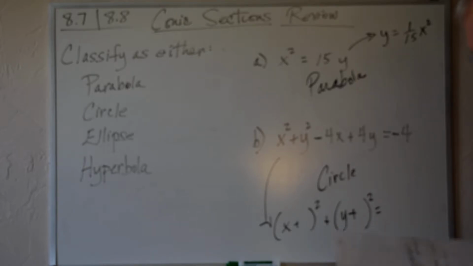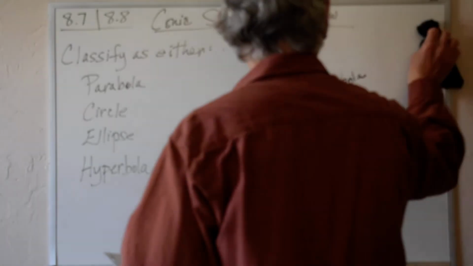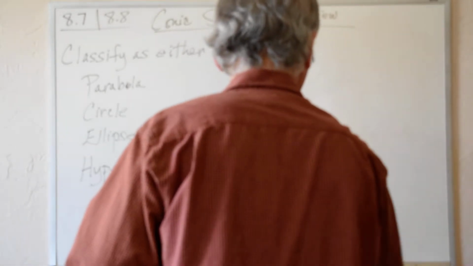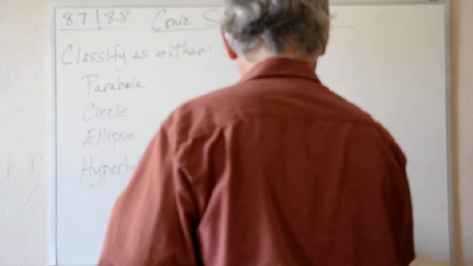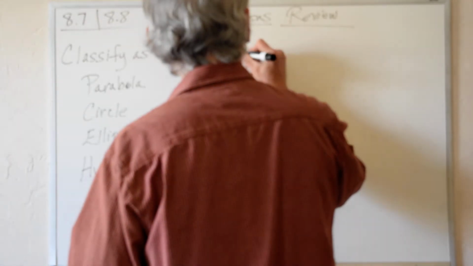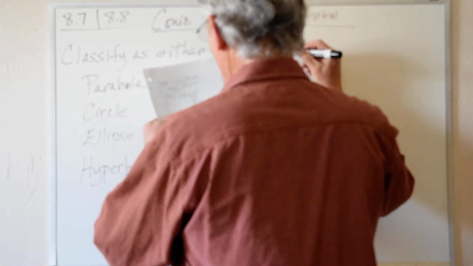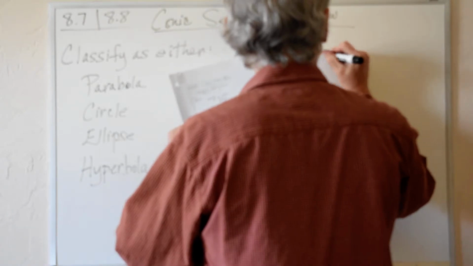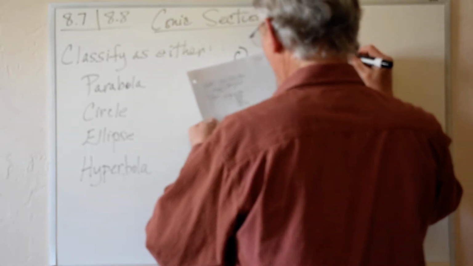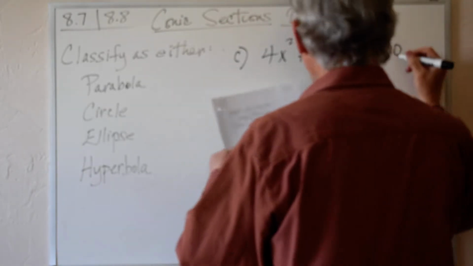Okay, let me give you a couple more. Part C, 4x squared plus 25y squared equals 100.